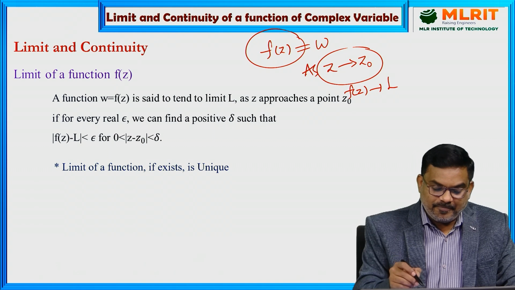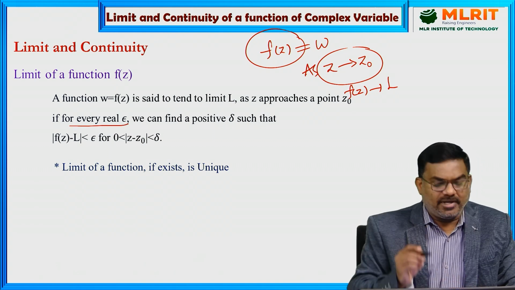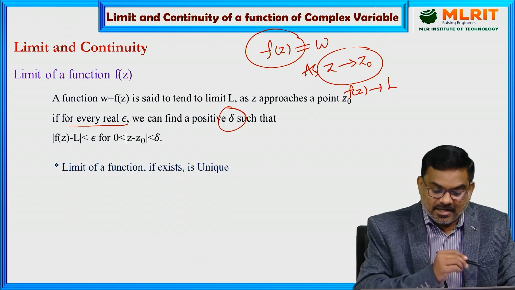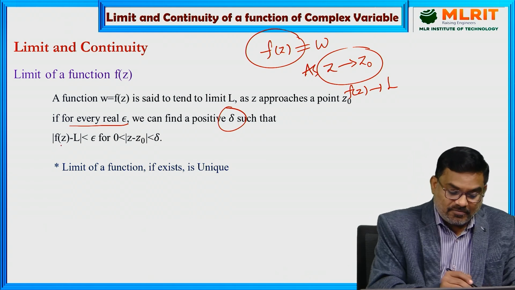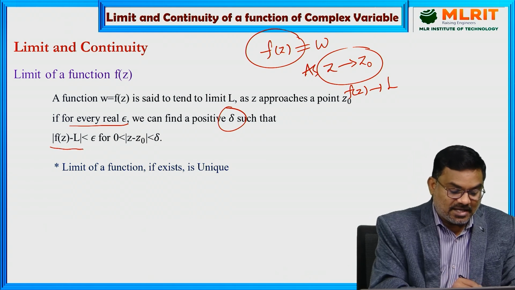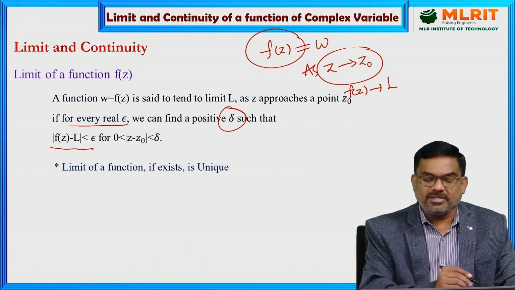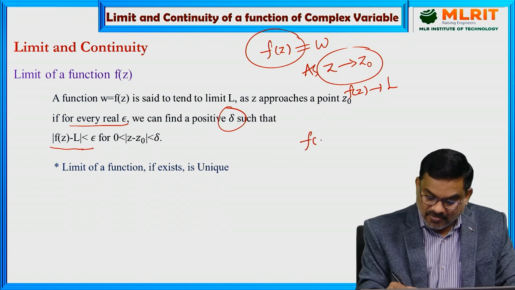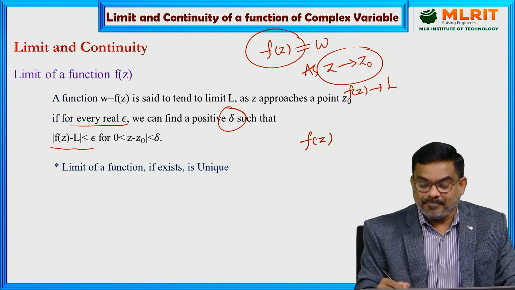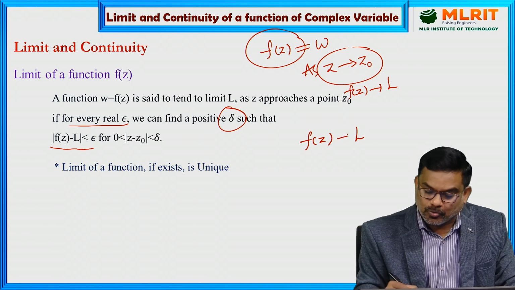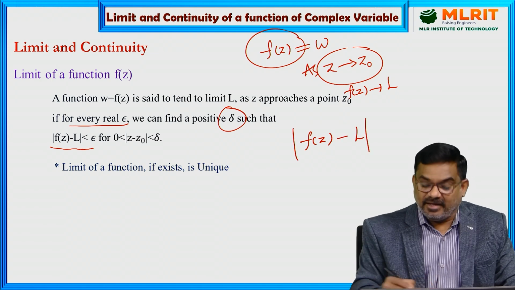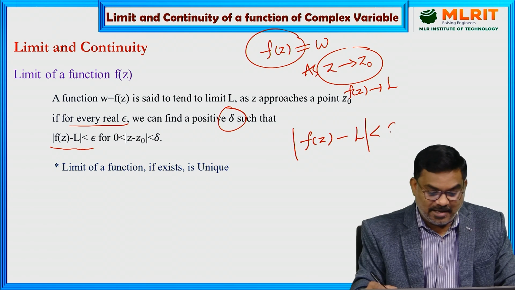In which way? For every real epsilon, we can find a positive delta such that modulus of f of z minus L is less than epsilon. So, what is the meaning of this? F of z, our function, and L is the final limit. The difference between these two is less than epsilon.